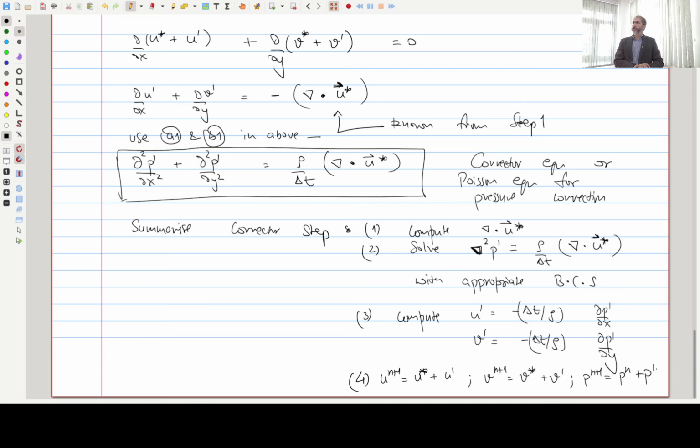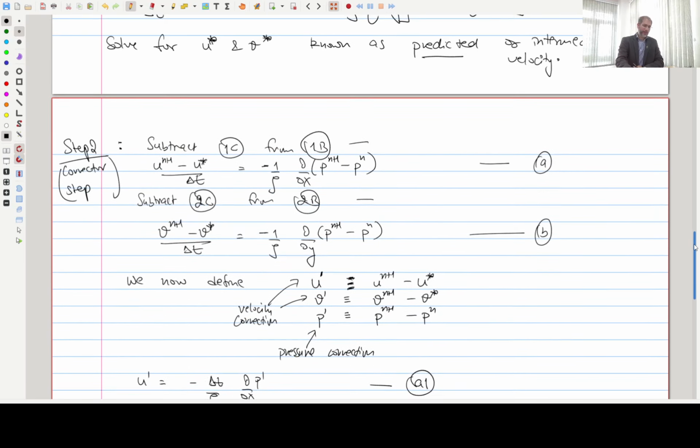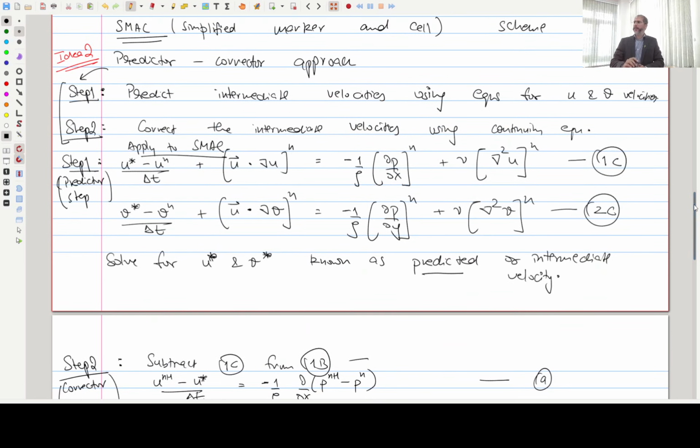And the second one was the idea of the predictor corrector approach, because you just cannot find it directly. So this is a way to implement idea 1. So the idea 2 is you predict velocities and then you correct them using continuity equation. So we'll stop here now, and I'll see you tomorrow morning to discuss further from here.